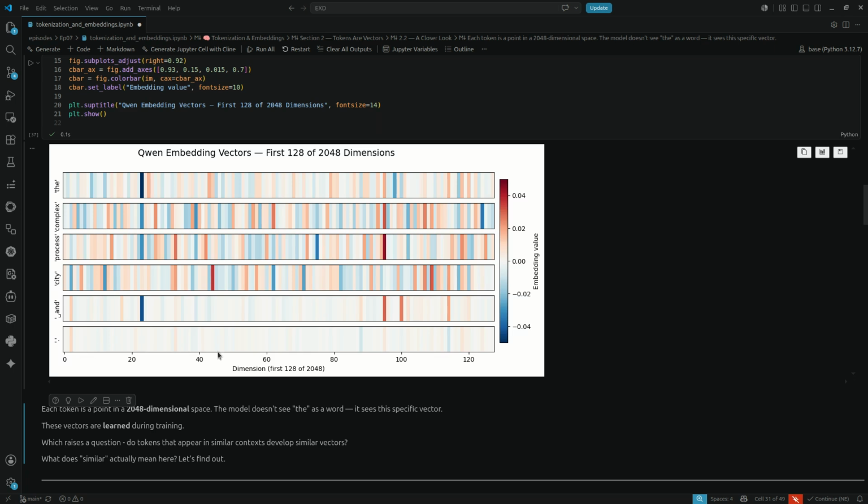And as you can see, look at the word complex. Now, this is also maybe a good point to talk about the EXD way of doing things. What we're doing is we're taking actual working code, and this is the equivalent of unscrewing the casing of a clock and starting to look at the gears inside, right? We're just directly looking at the actual Qwen embedding of the term complex.